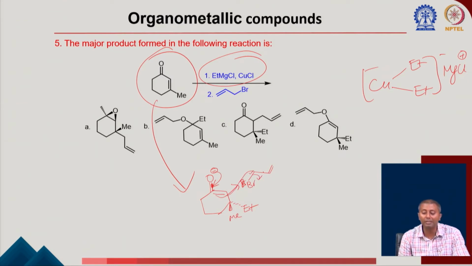You have seen that depending on the electrophile, at this particular stage the electrophile can react with the oxygen or the carbon, depending on whether the electrophile is soft or hard. Because this carbon is a soft center and the electrophile is soft, the reaction happens at the carbon center, which allows you to generate the corresponding product.